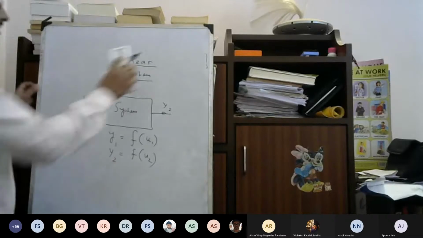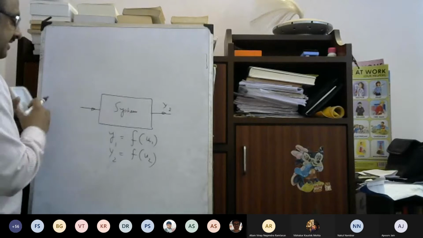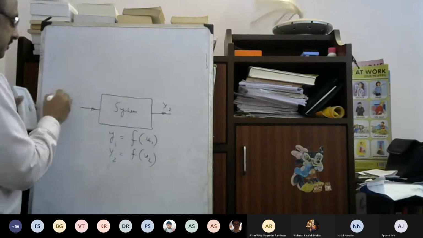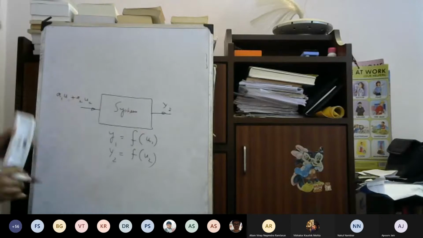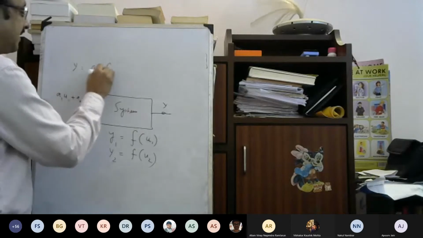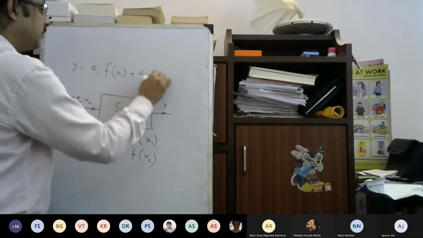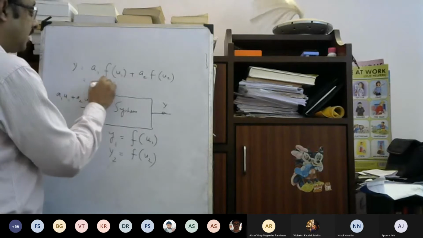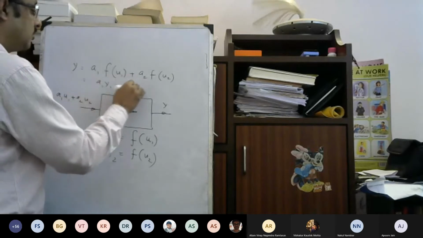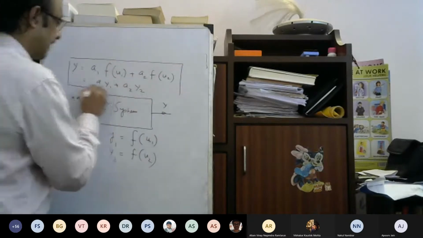The system becomes linear only when, suppose now you change the input to A1 U1 plus A2 U2, the response Y will be equal to A1 F U1 plus A2 F U2. That means A1 Y1 plus A2 Y2. So this is actually the principle of superposition.